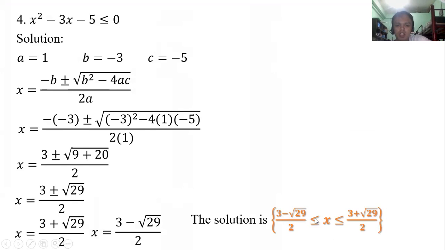X is greater than or equal to 3 minus the square root of 29 over 2, but less than or equal to 3 plus the square root of 29 over 2. So this will be the solution set in interval notation. Again, we get this when less than or equal to is used.